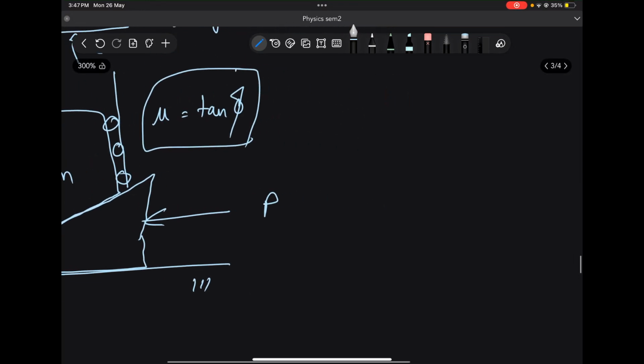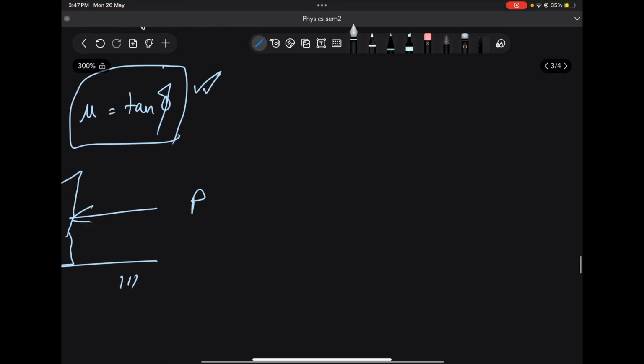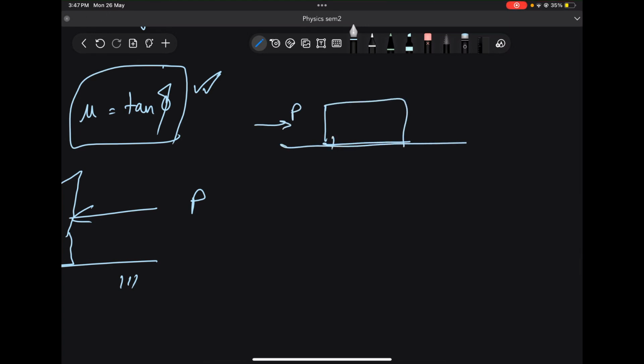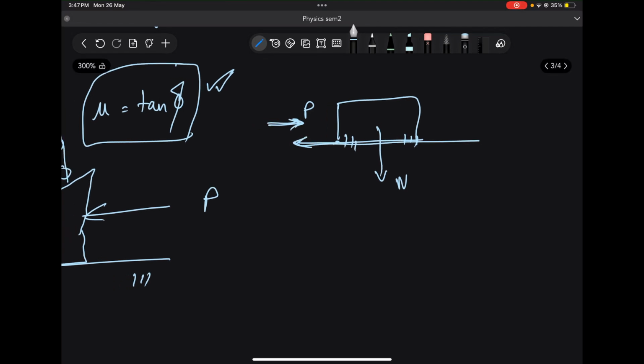So let's talk about some basic applications of what this might mean. Let's say a body of mass M exists on a surface like so, and it has normal reaction N. Now if you apply some force P, the force of friction will apply along this direction.